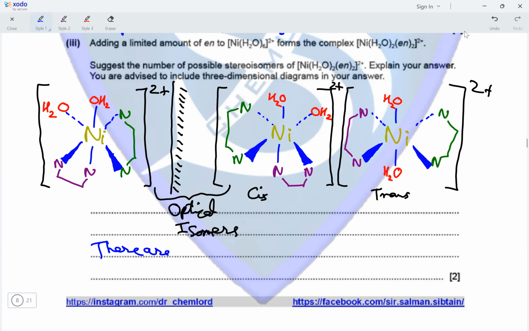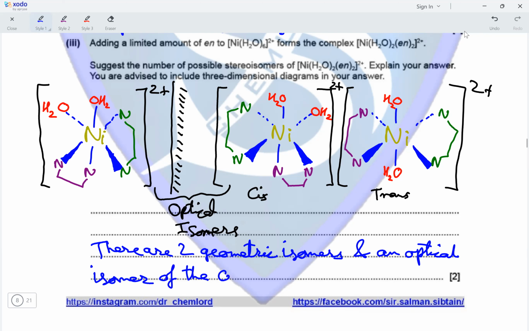There are two geometric isomers and an optical isomer of the cis isomer, thus making three possible isomers of the given complex.